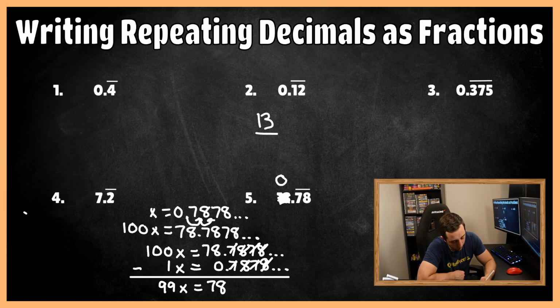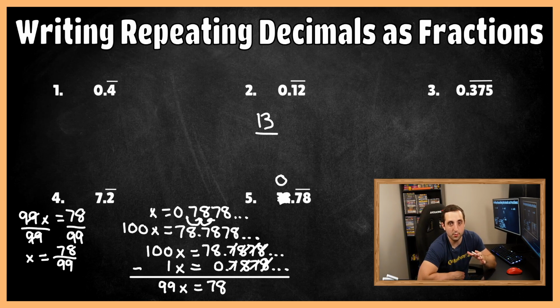So I'm just going to do it over here. We have 99x equals 78. Let's go ahead and get x by itself by dividing both sides by 99. And we end up getting x equals 78 over 99.